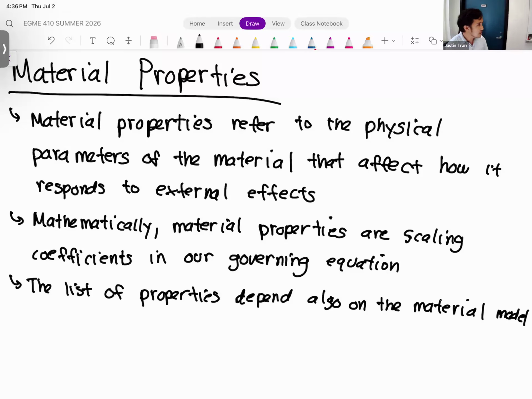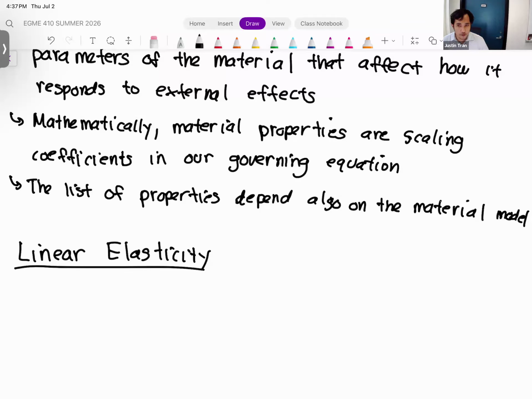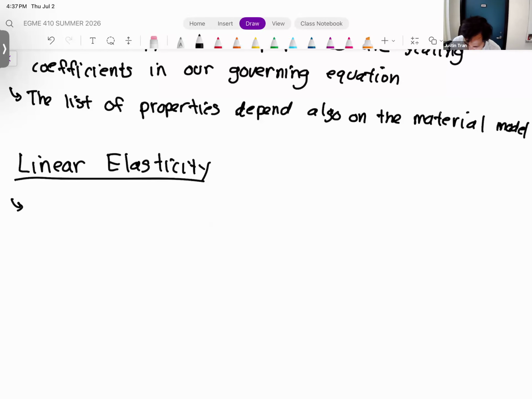But to start, let's start with the most common material model that you'll be using in ANSYS, which is linear elasticity. For the most part, most solid mechanics classes are focused a lot on linear elasticity. Linear elasticity refers to certain materials where the relationship between stress and strain is purely linear.